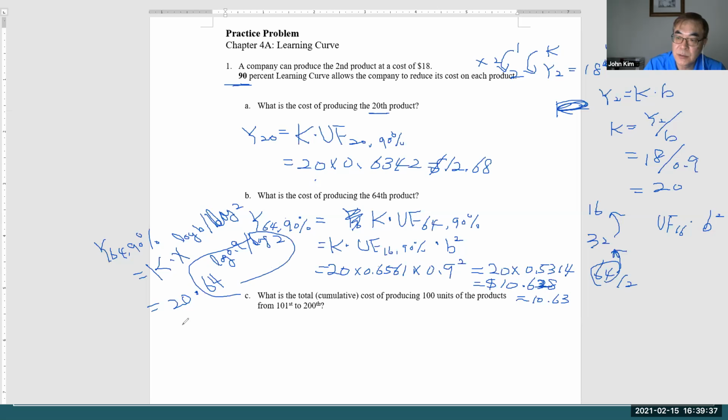So this part is the same as this one. So it will be 20 times 0.5314, and then the same answer. Question? Okay. Can I erase? Okay.